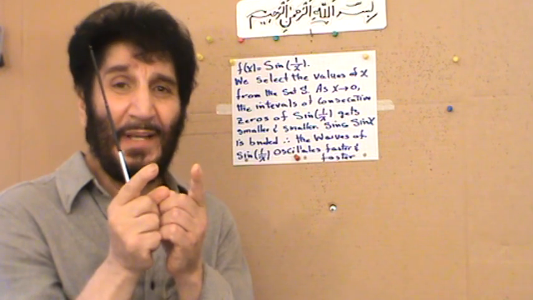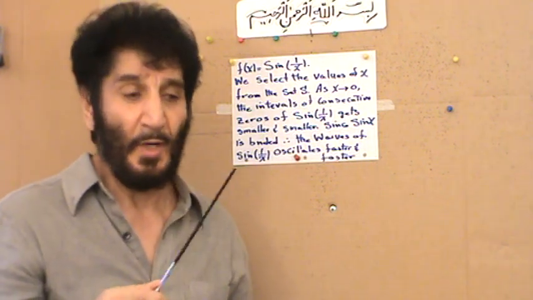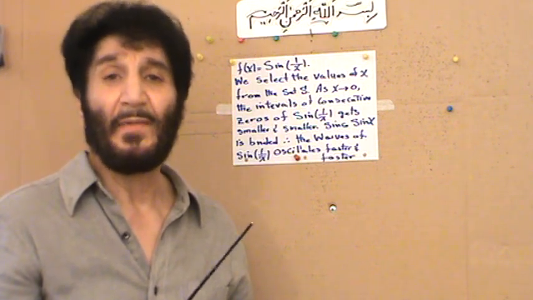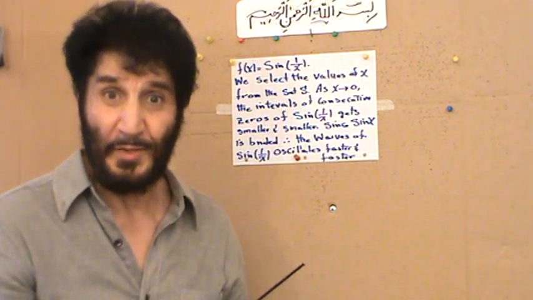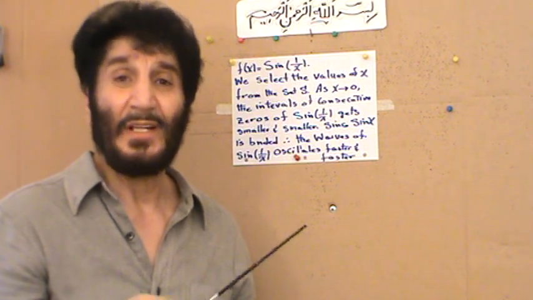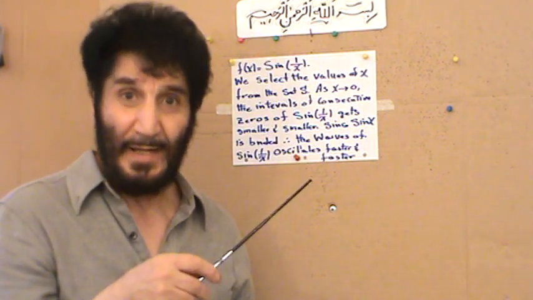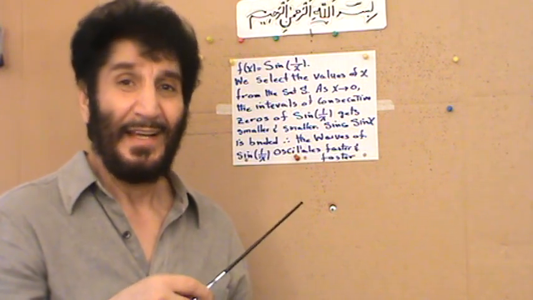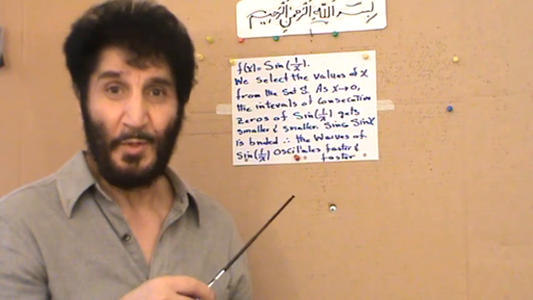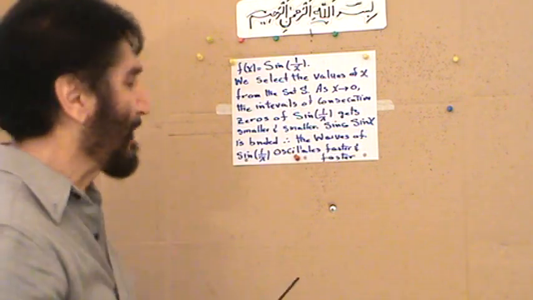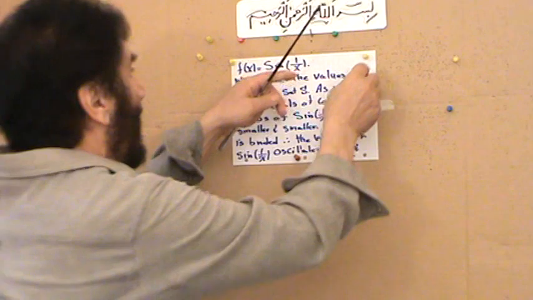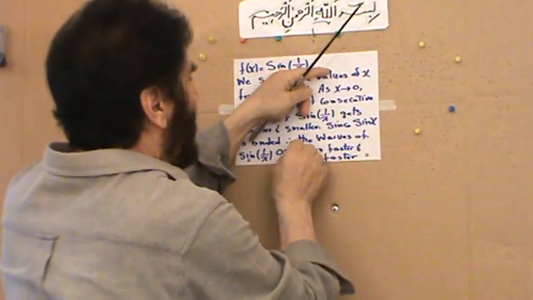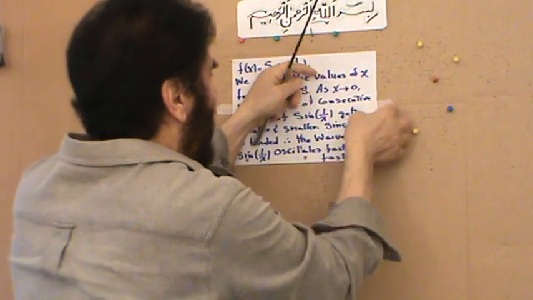And I repeat myself again, x is an independent variable, so we are permitted to select any values we want in the domain of the function. So we purposely select our values for x from the set S that I already zoomed for you. All right. So this is what this is indicating. So we are very clear with this one.